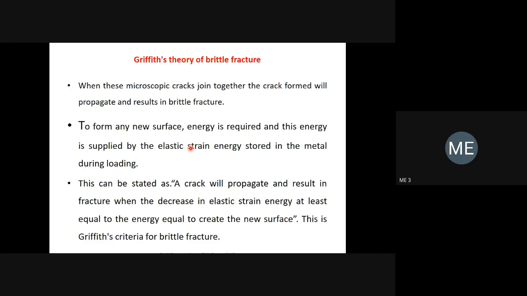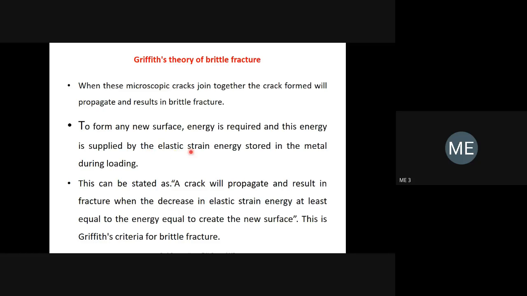That we can see at the macroscopic level. I am giving the example of a helical spring. You push the spring in the downward direction, the spring is compressed and deformed, and because of the deformation there is strain. Whatever amount of energy is spent to compress the spring is stored in the spring in the form of strain energy.